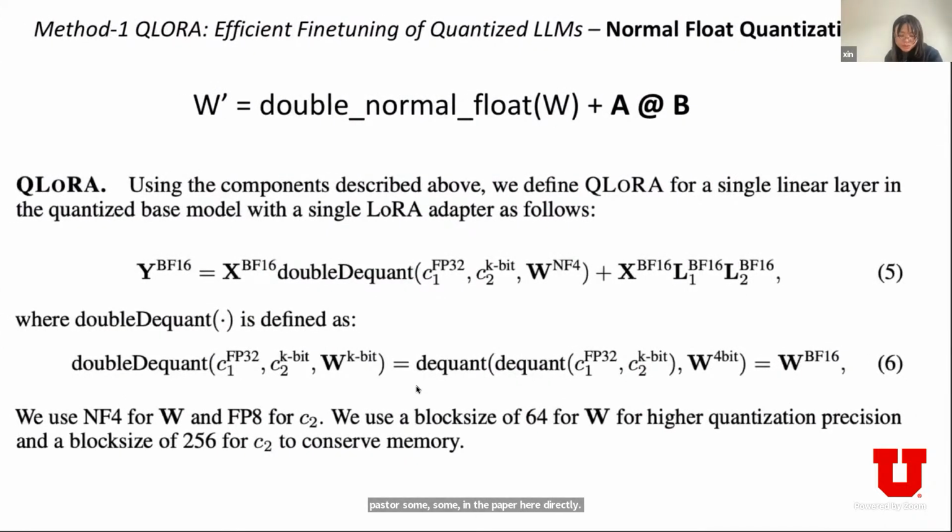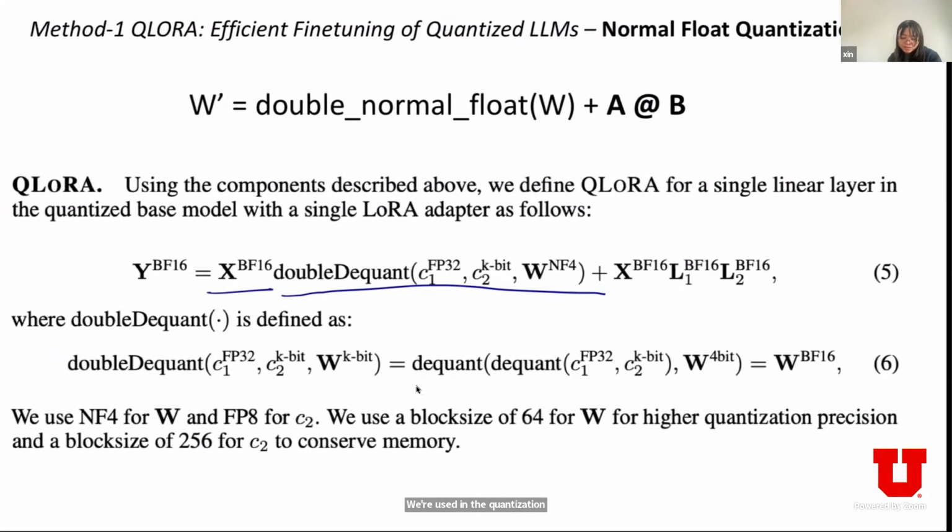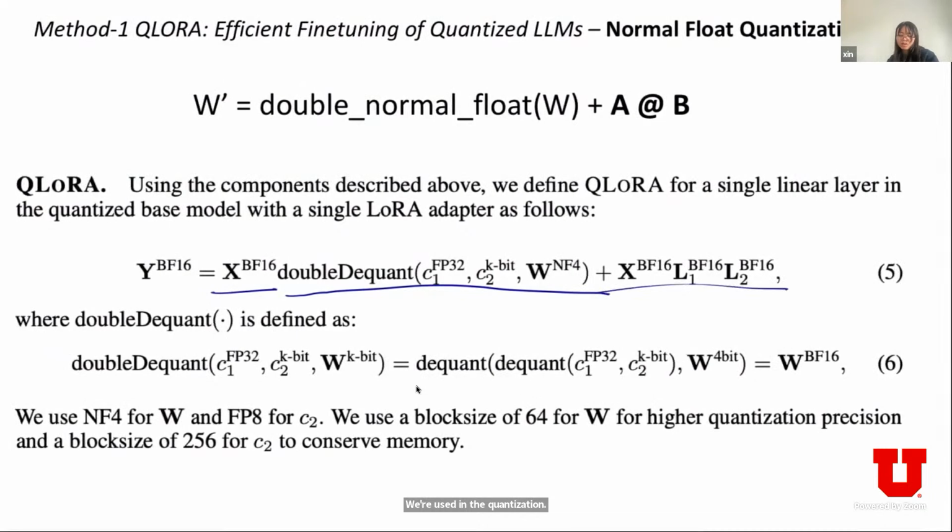During the computation, it will convert back to float 16 with the double dequantization. For C1 and C2, those are constants. Actually, those are the min and max pairs we used in the quantization. As you can see here, for all the calculation, they use float 16.